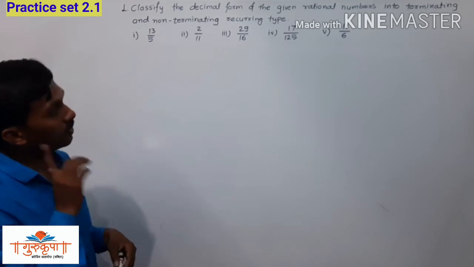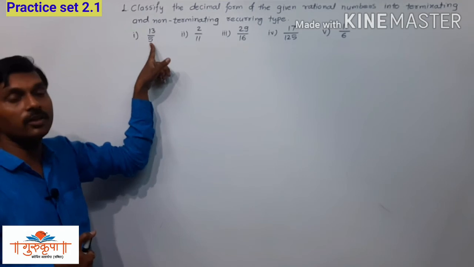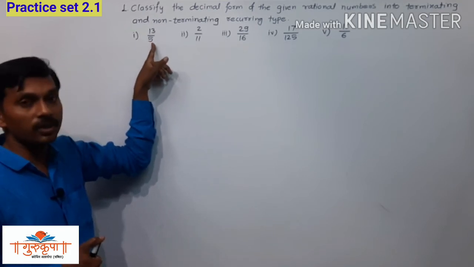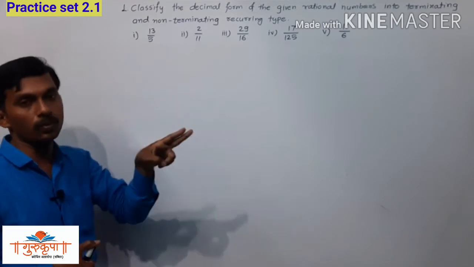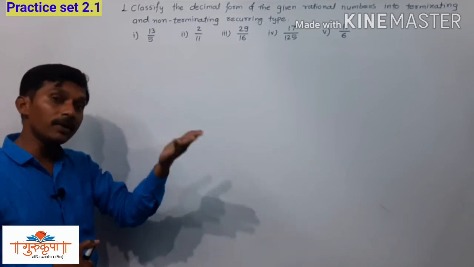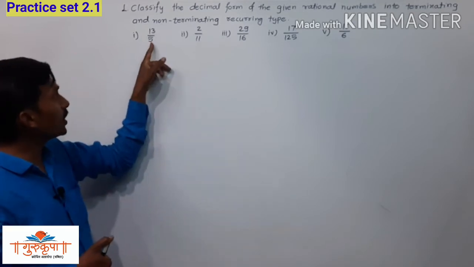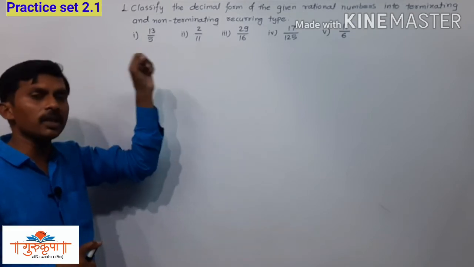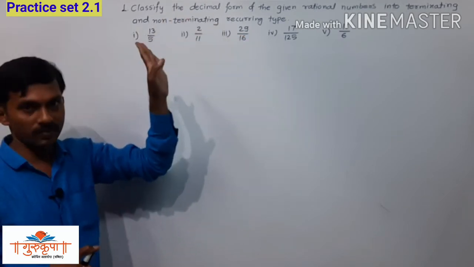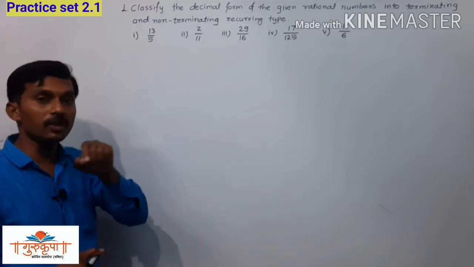Yesterday we studied that if the prime factorization of the denominator is either of the form 2 or 5 or 2 and 5 both, no other number is there in the prime factorization of the denominator, then definitely the decimal form of that number is terminating decimal form.